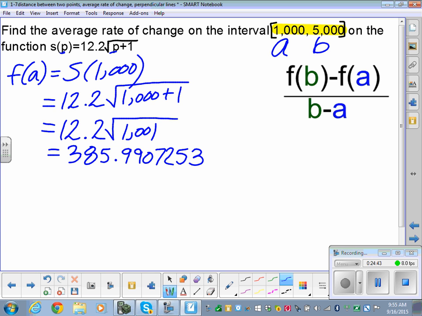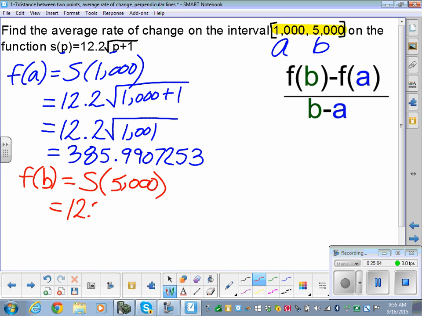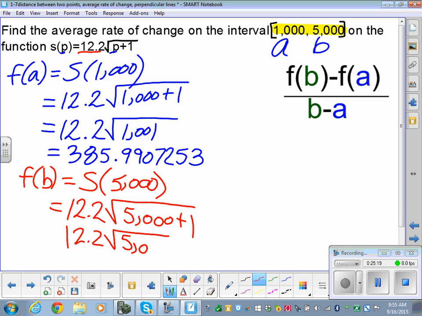Okay. Let's find f of b really quick. So f of b means what's our function at b? Well, we're doing s of p, so s of 5,000, because b is 5,000. So we're plugging in 5,000. We're going to have 12.2 times the square root of 5,000 plus 1, so 12.2 times the square root of 5,001.